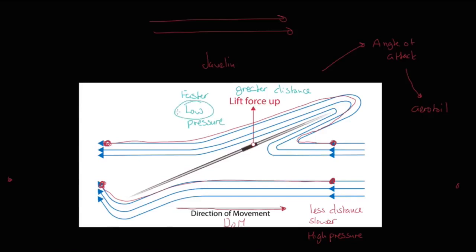We have low pressure above and high pressure below the javelin, and as a result of that, we create what we call a pressure differential. Whoops, I spelled that incorrectly. I specifically forgot my I. So we've created a pressure differential: high pressure below, low pressure above. And because of that, we create this lift force up. We can call that lift force a Bernoulli force, or a Bernoulli lift force.